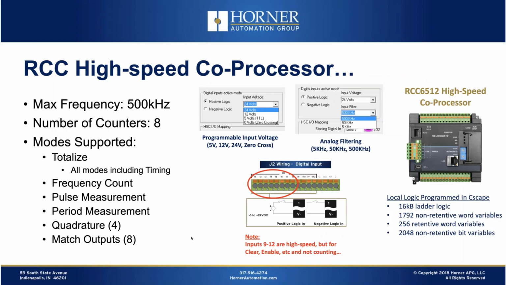All right, next we're going to talk about the RCC high-speed coprocessor. Now this is a really, I hate to use this technical term, but this is a really nifty product where we have effectively taken some pretty advanced high-speed counting hardware and wrapped it around a microprocessor that has logic capability, added some pretty flexible communications networking, including Ethernet and CAN.